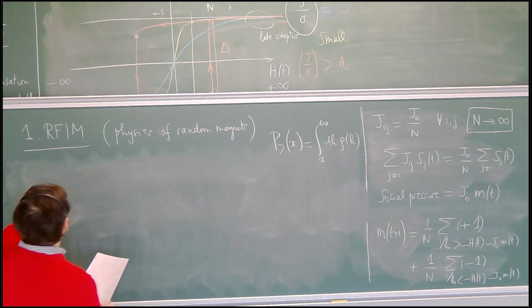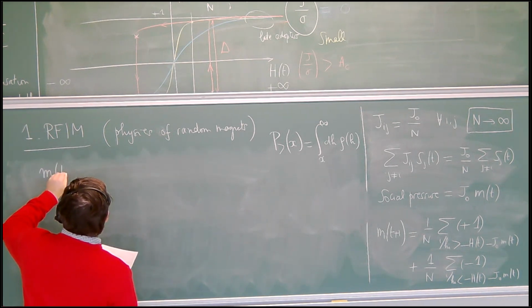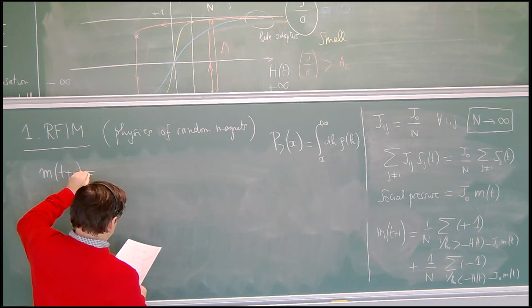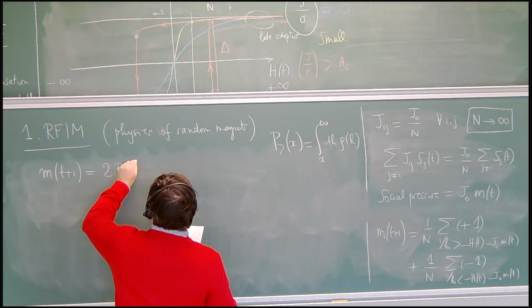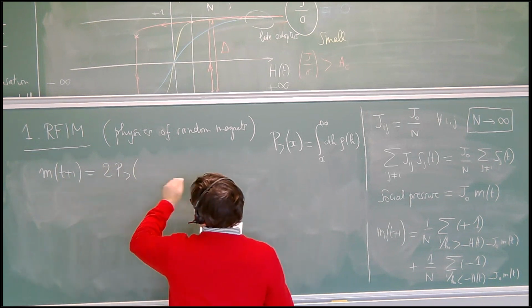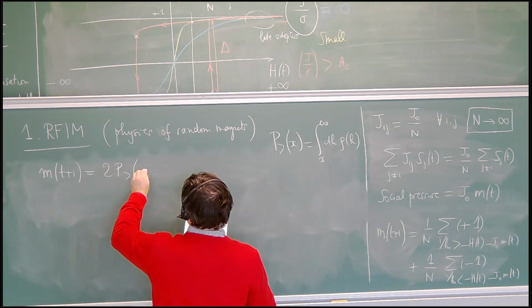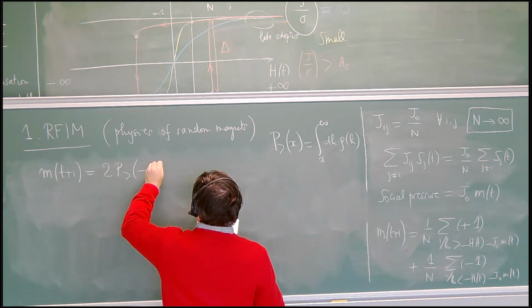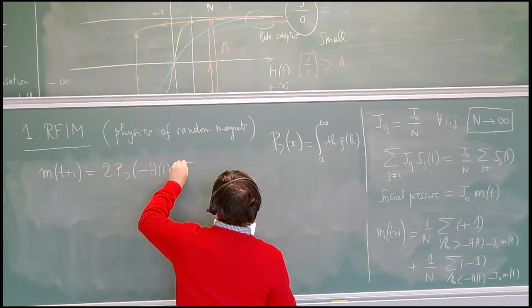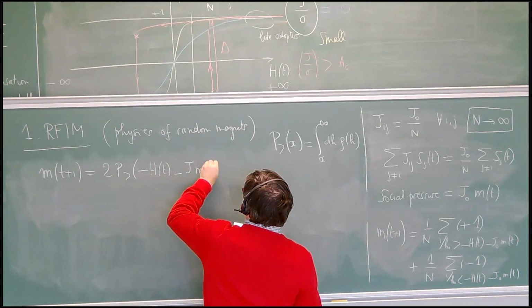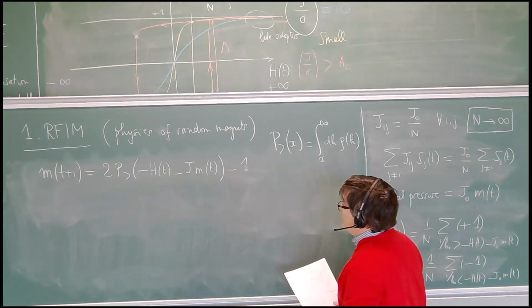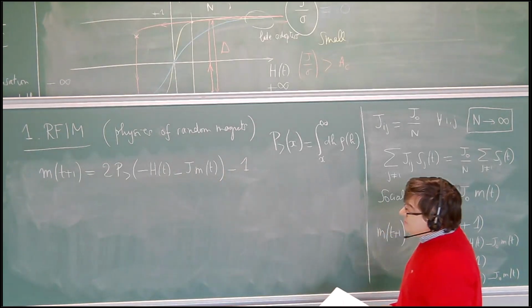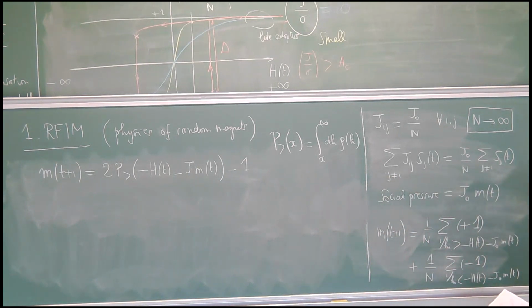And so what I got was, in terms of m, m of t plus 1 is 2P, the 2 minus 1 coming from the relation between phi and m, minus h of t minus j m of t minus 1. So this is what dynamically sets the evolution of the average opinion.